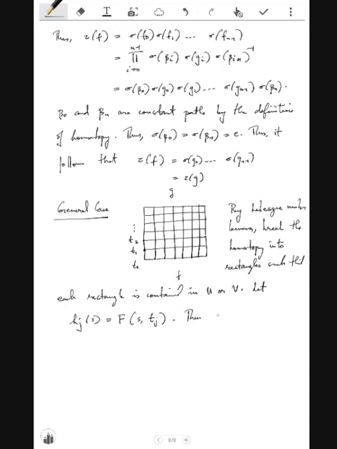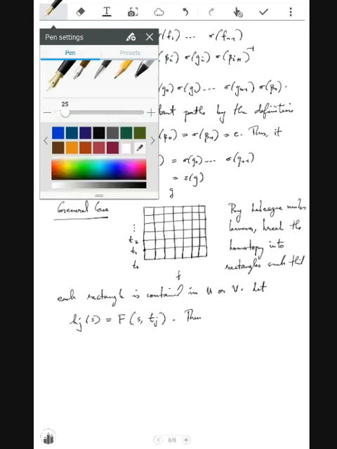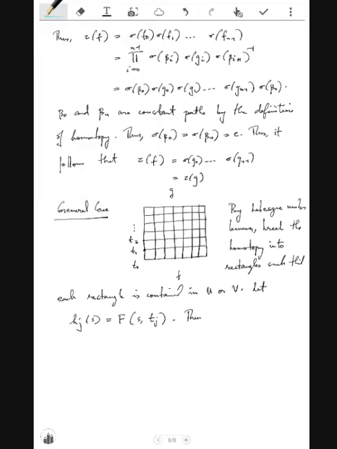Then the homotopy between each H_j and H_{j+1} satisfies the condition in the special case.